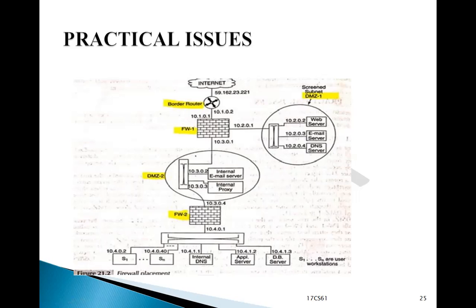So the internal network contains application servers, database servers, and user workstations. That is what the publicly accessible network can have, as I'm telling you. It also has an internal DNS server.